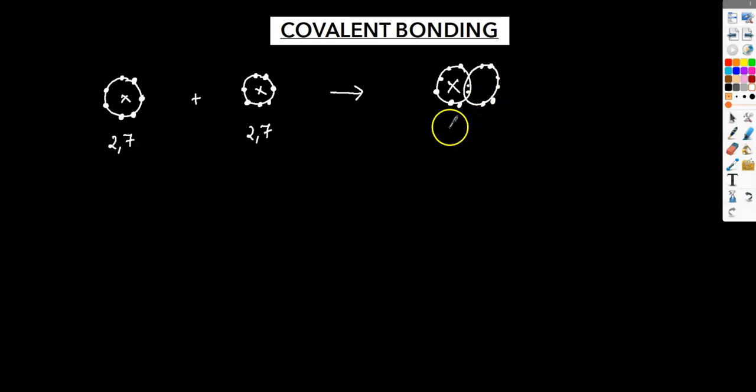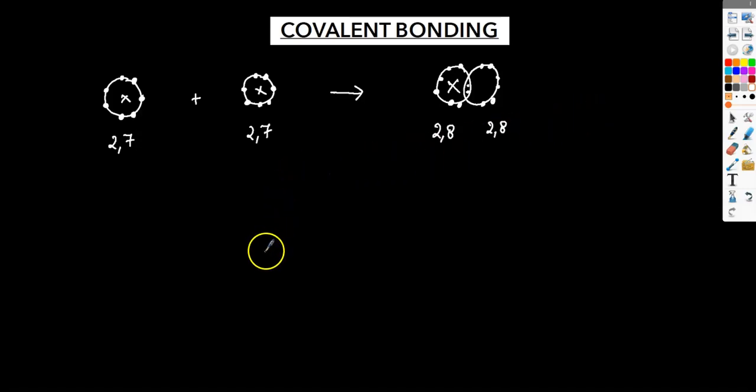So what happened over here? Now they have one shared pair of electrons and their electronic configuration becomes 2,8. So these are called covalent compounds, and with one shared pair they form a single covalent bond.